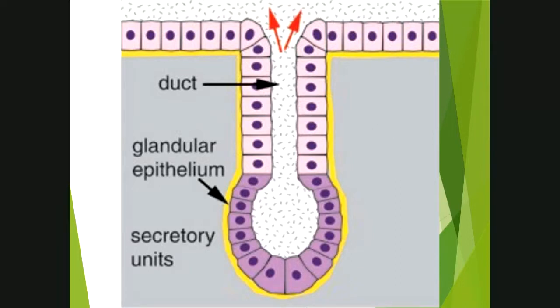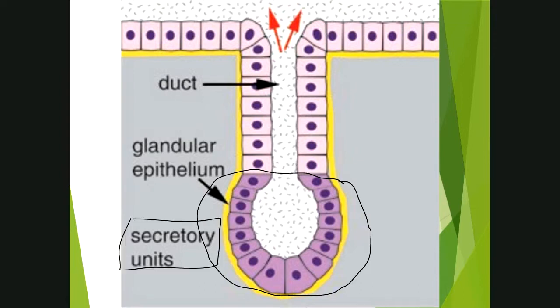Well, when you look at it, it has two parts. This part down here actually produces the product, and that's called the secretory unit. But this part right here is just a pipe. That's all it is, a pipe. So it can get to the outside, and that's called a duct.